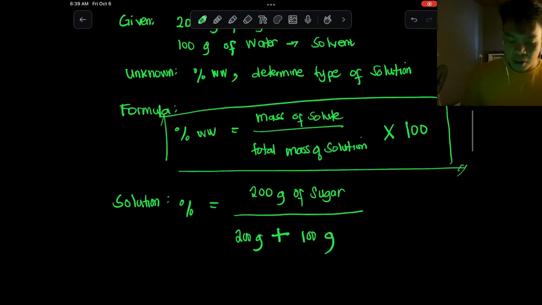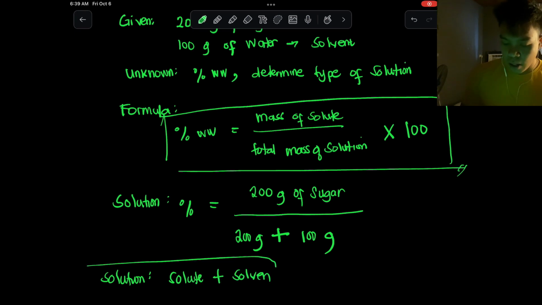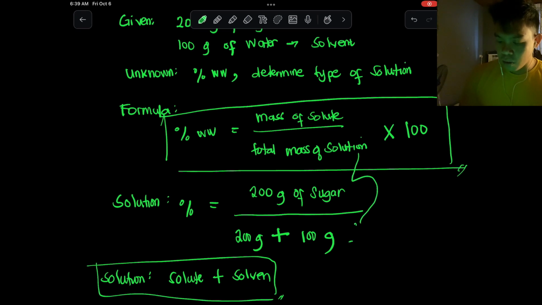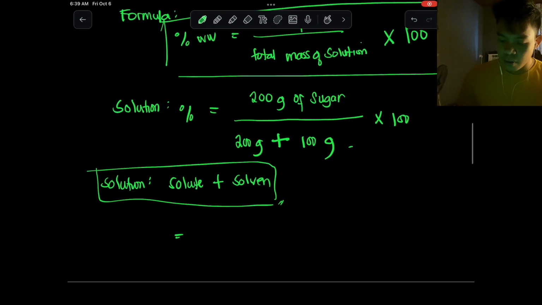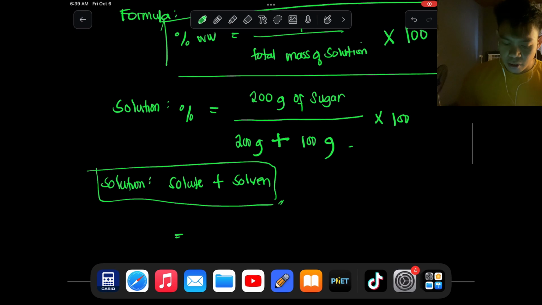Why? Because we all know that a solution is composed of two parts: solute added to a solvent. That's why this is equal to the solution. Multiply this by 100 to make it a percentage.